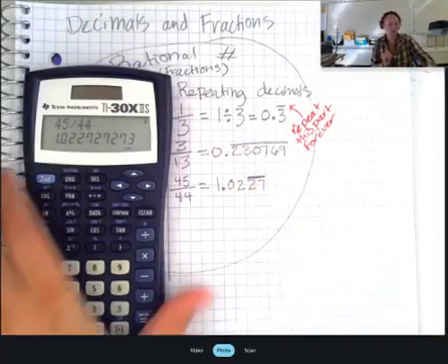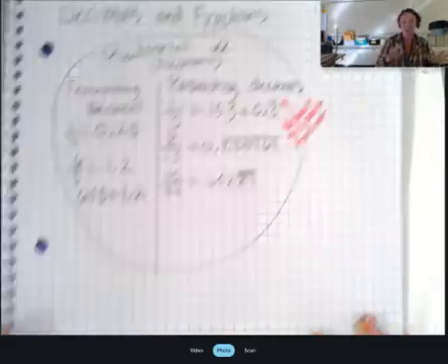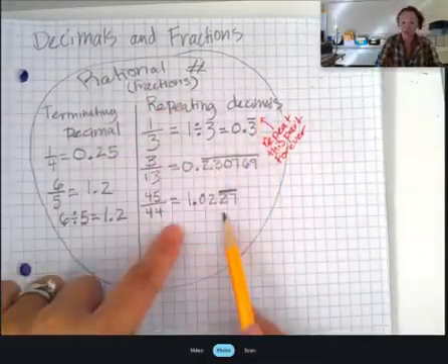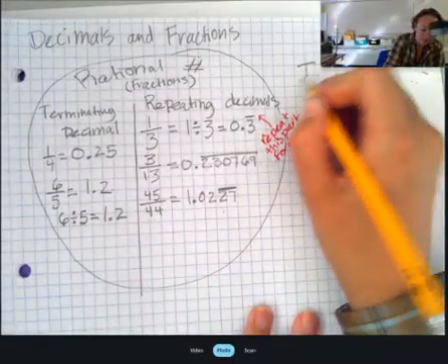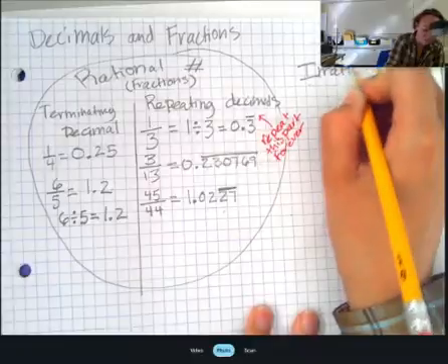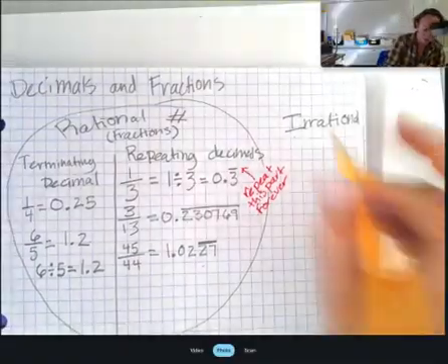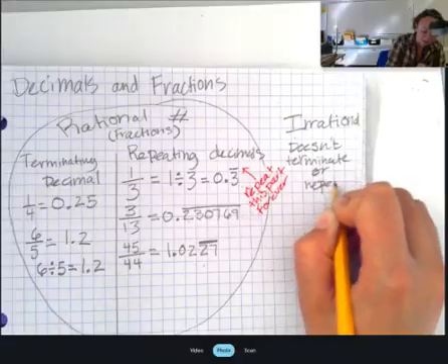So we've got terminating decimals, we've got repeating decimals. If it's neither of those, then that means it is irrational. So that means it doesn't terminate or repeat.